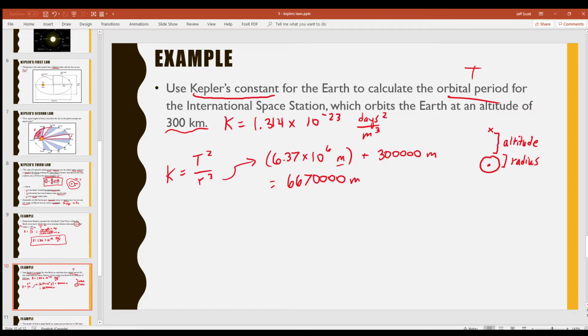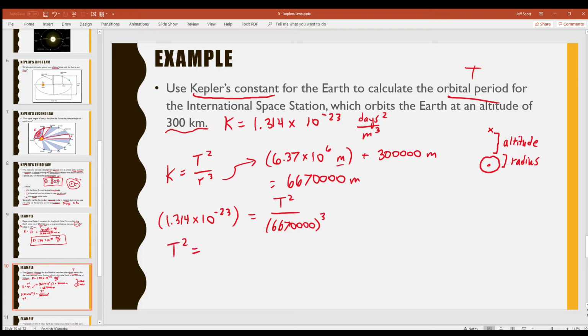Now that we have all this information, we can plug it in to find our T. So in other words, we can write K is 1.314 times 10 to the negative 23, and that'll equal T squared over R cubed, which we just found was 6,670,000 cubed. To get T squared all by itself, we just need to multiply by this orbital radius on both sides. What that's going to give me is a really uncomfortable number.